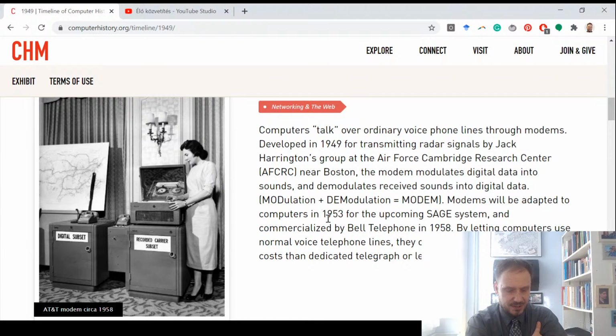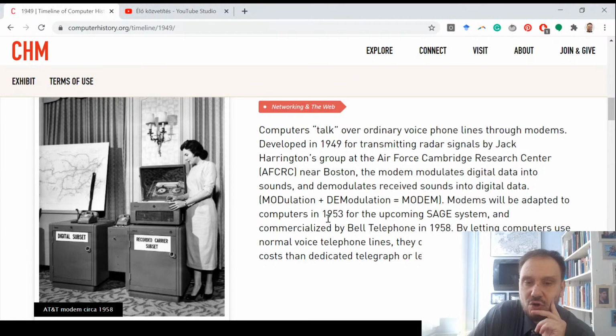The SAGE system was an air defense ground-to-air missile system developed in the United States, and it had several bases around the country, so they needed phone lines to connect and to send information. The radio waves didn't do the job, and later it was commercialized by Bell Telephone in 1958.